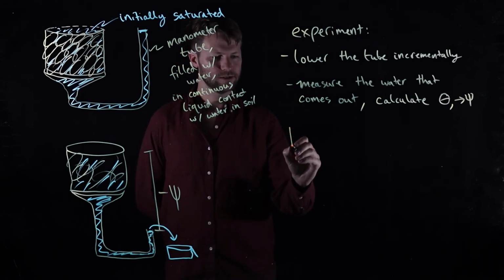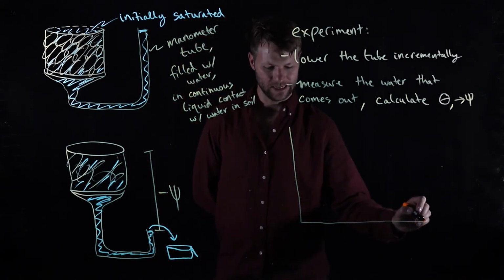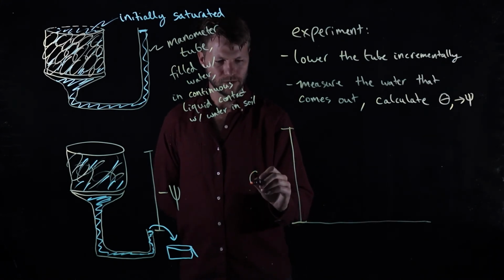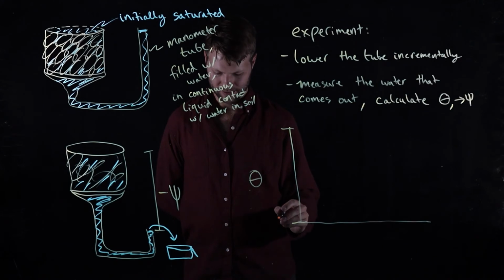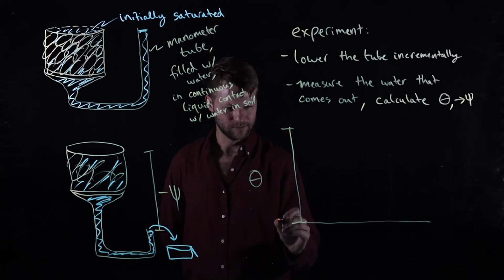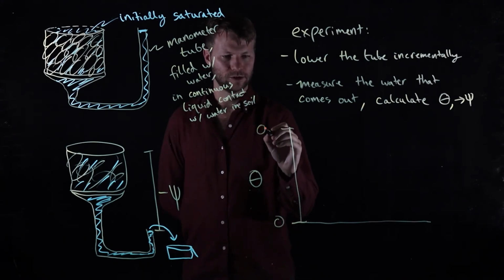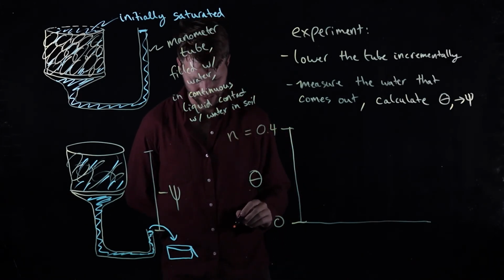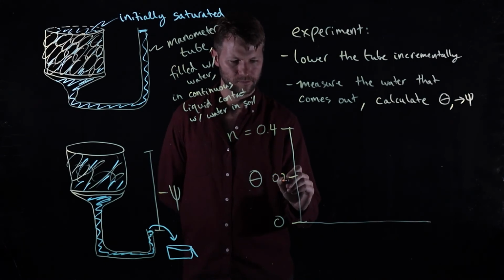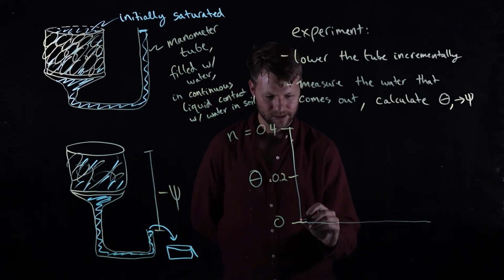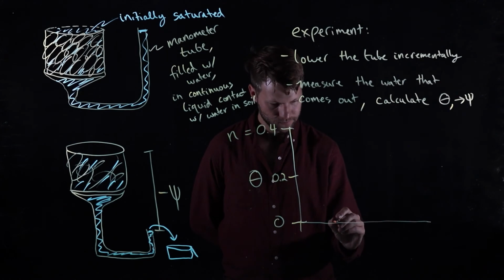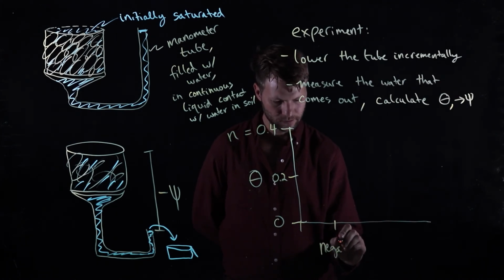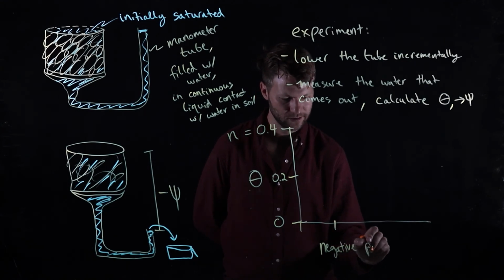So as we're doing this experiment, we're collecting the data, and on this axis here, we will have the water content theta going, let's say, from 0 up to 0.4. We'll have this be equal to the porosity of our sample. And on this axis here, we'll have the negative pressure head.